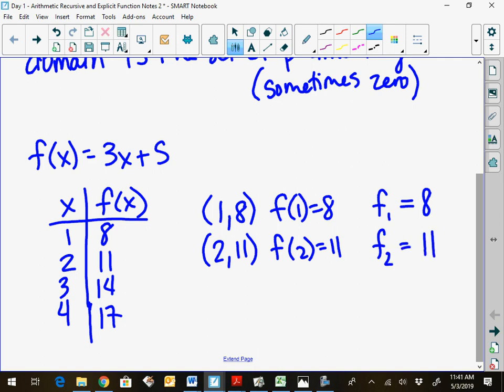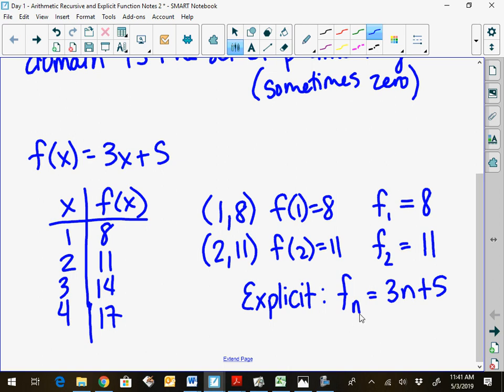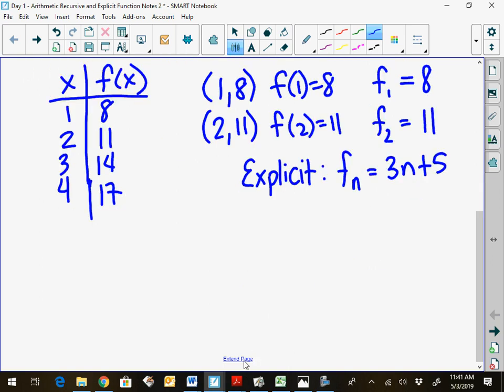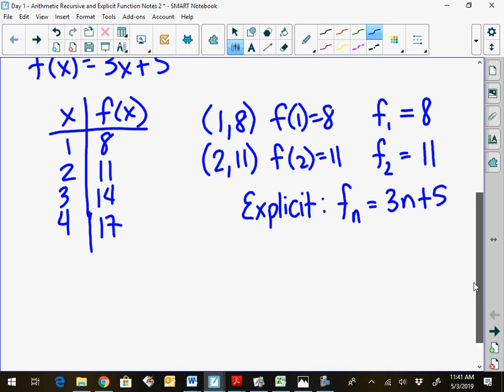So then to write this in an explicit form, we would say f sub n equals 3n plus 5. So an explicit function is where you can use any n. So I could use like 20, for instance, and I would just plug 20 in here, and then I would get a value out.